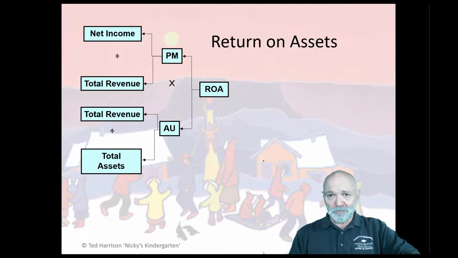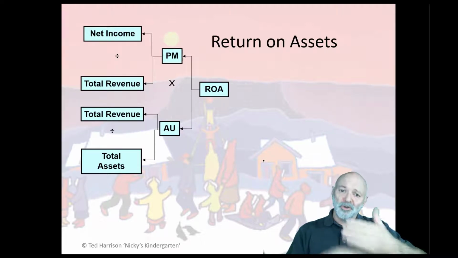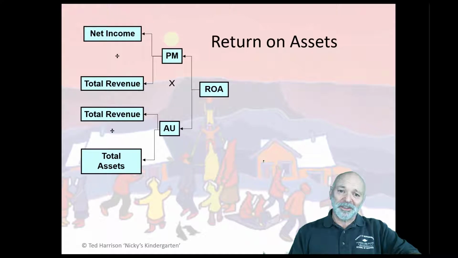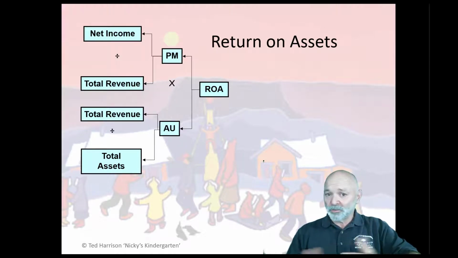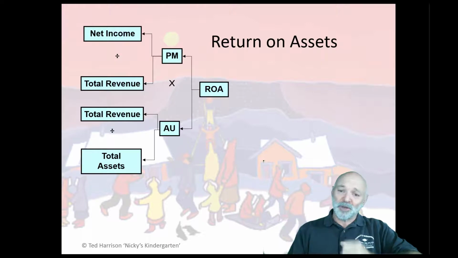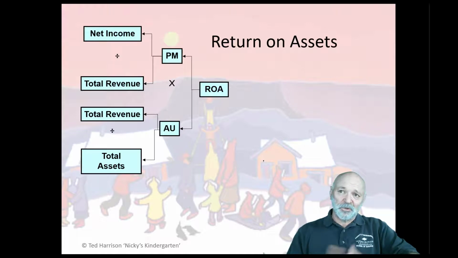The asset utilization is about how many times a year you turn over your assets. If you're a Christmas tree retailer, you sell your assets 1 time per year. So you have $1 million in assets, $1 million in revenue. Your asset utilization is 100%, or we say 1 times. And if your profit margin was 10%, 10% times 1 means your rate of return on assets would be 10%.